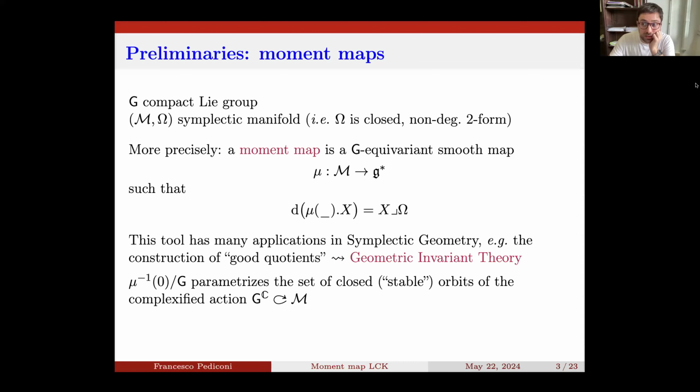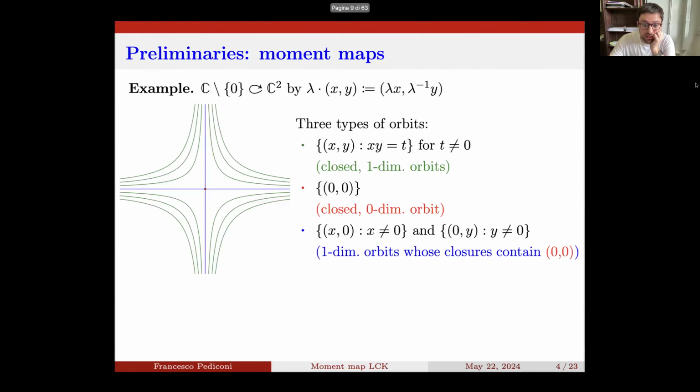Well, just to give an easy example, maybe the most famous one about moment maps and good quotients, we can consider the Lie group C minus the origin, so C star, acting on C^2 by means of this action. So you take lambda, a non-zero complex number, that acts on a pair (x, y) in this way: you multiply the first complex number x by lambda and the second complex number y by lambda^{-1}.